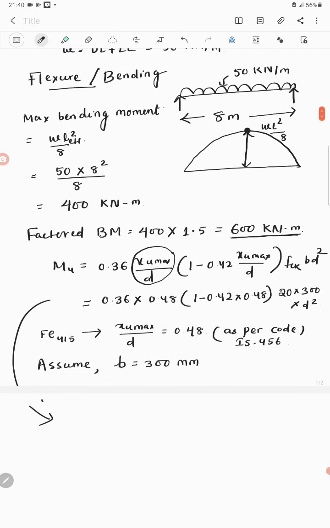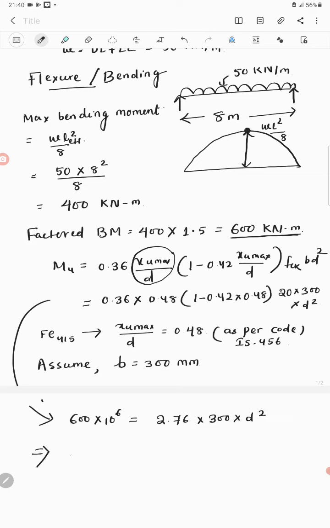Okay, so Mu we got 600. So 600 is in kilonewton meter, so into 10 to the power 6, convert this into Newton mm. So this is equal to, if we calculate, that will be around 2.76 into b d square.